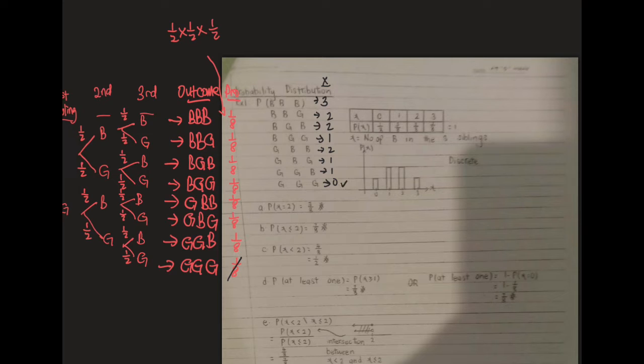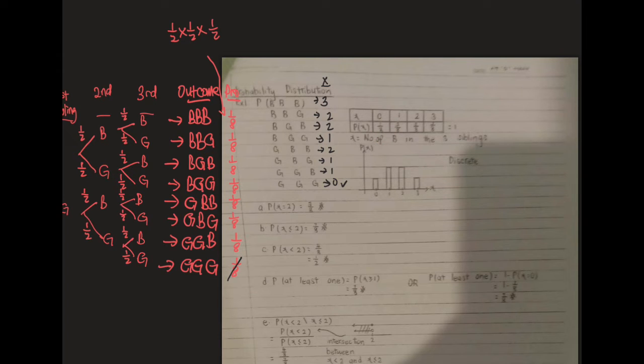Now the next one is 1. 1 means one boy in the 3 siblings. So we have this, and this. You know each of these has a probability of 1 over 8, 1 over 8, and 1 over 8. If you add them up, 3 over 8.